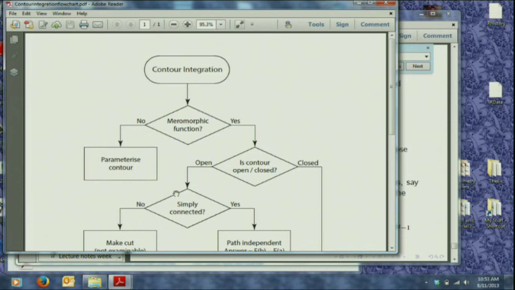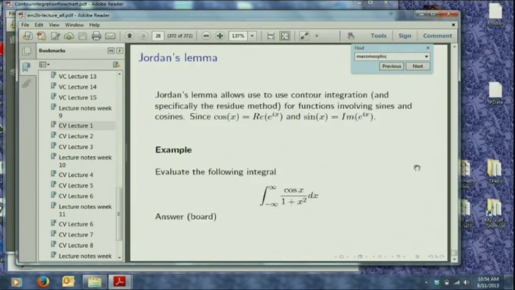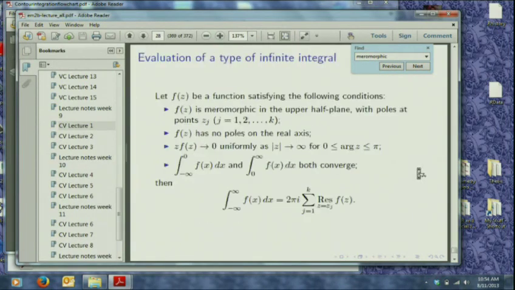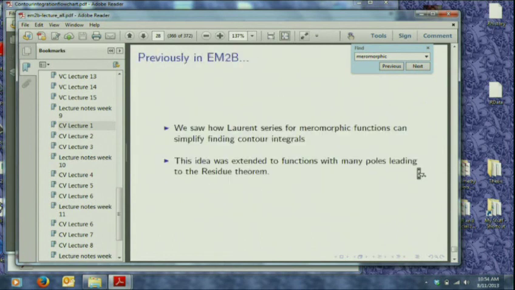Okay, and is it simply connected? I presume, I don't know what that means. We'll have to look that up. But I presume it is simply connected. Not sure. I think it's to do with the fact that your function doesn't have any weird bits.